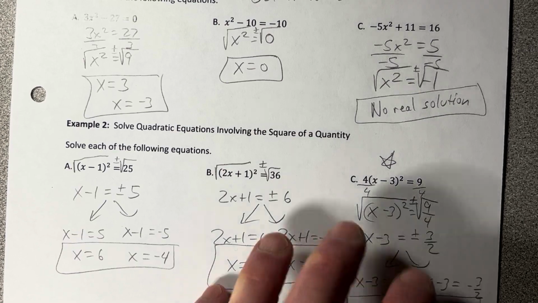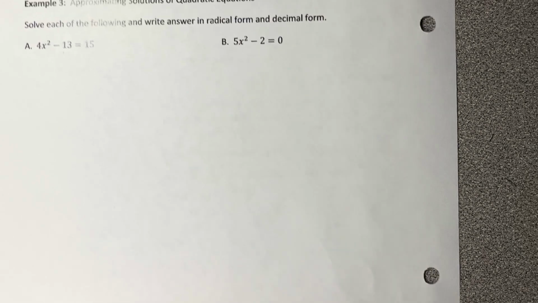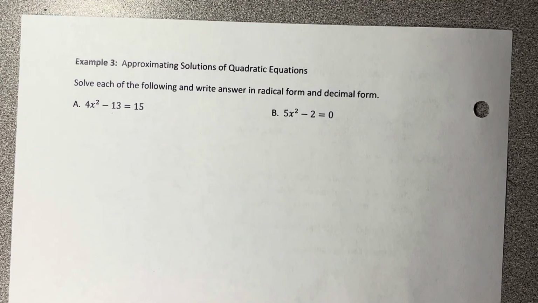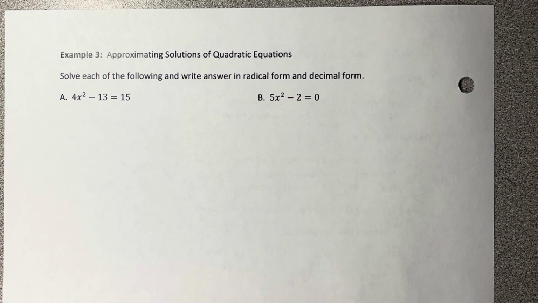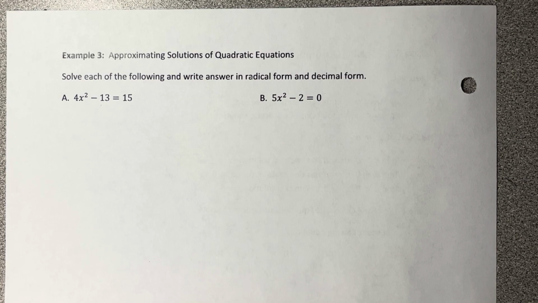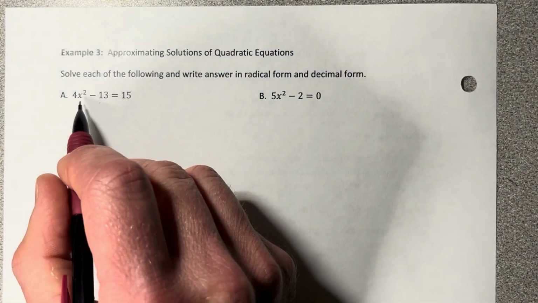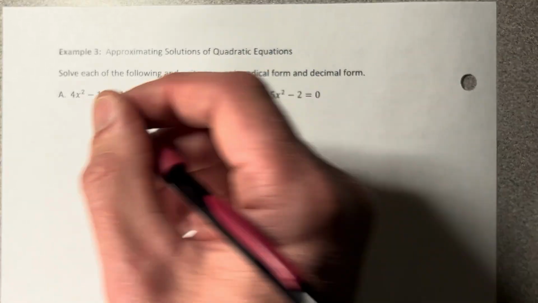Okay. On example 3, it says approximating solutions of quadratic equations. So class, sometimes you won't have perfect squares, you won't have nice answers, and you'll be expected to simplify or to round your answer, sorry. Notice to get x squared, we're going to have to get x squared by itself and then square root.